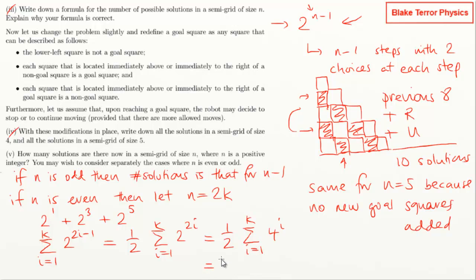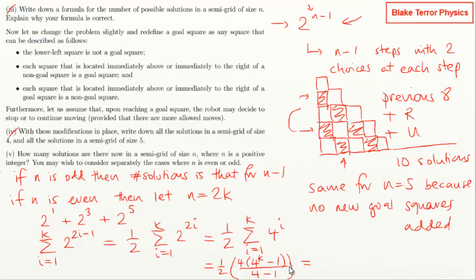So that is equal to a half multiplied by a, which is 4, our first term, times 4, our multiple, to the power of k minus 1, divided by 4 minus 1. That is the sum of that. That's just a geometric sequence.